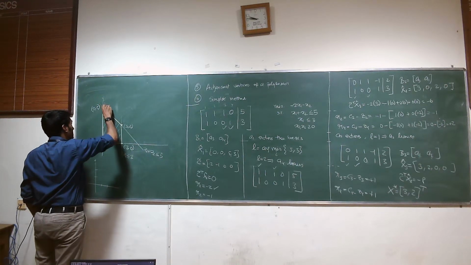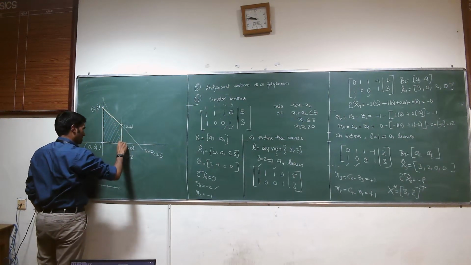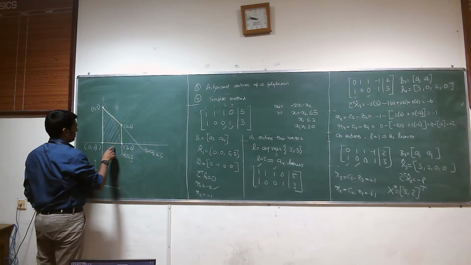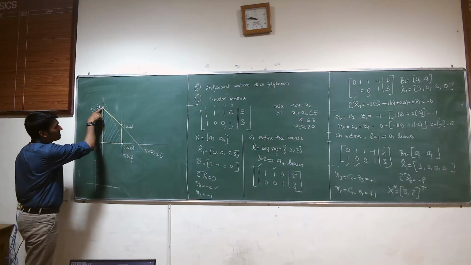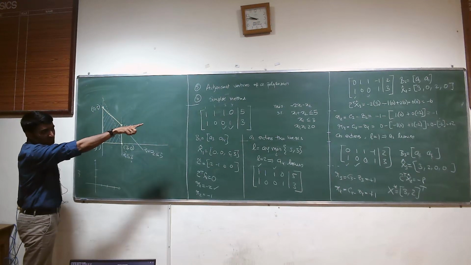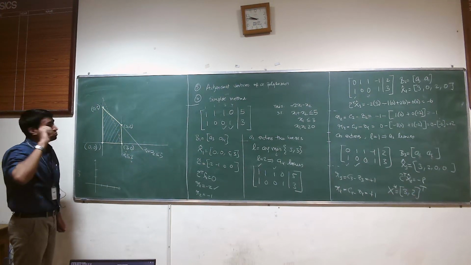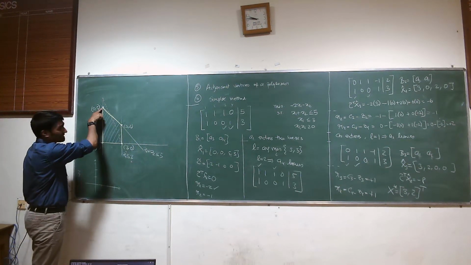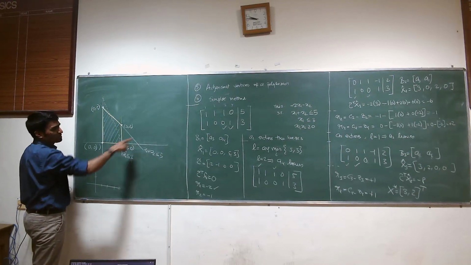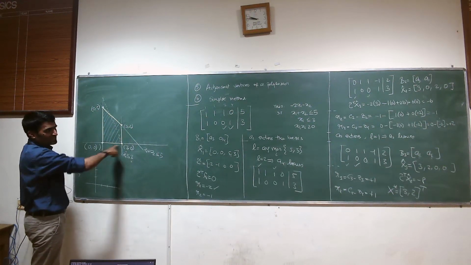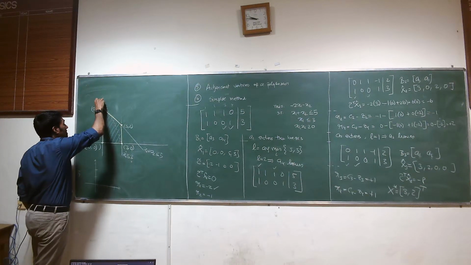Okay. What about here? If that was minus 5, minus 2x1 minus x2 was 5, it'll intersect through this point. Where will it intersect here? 2.5, right? Because x2 is 0, minus 2x1 is minus 5.